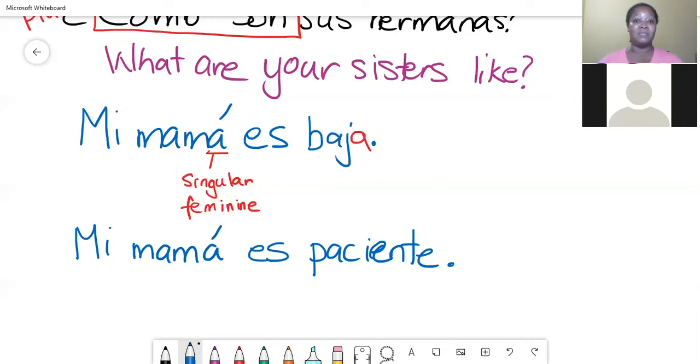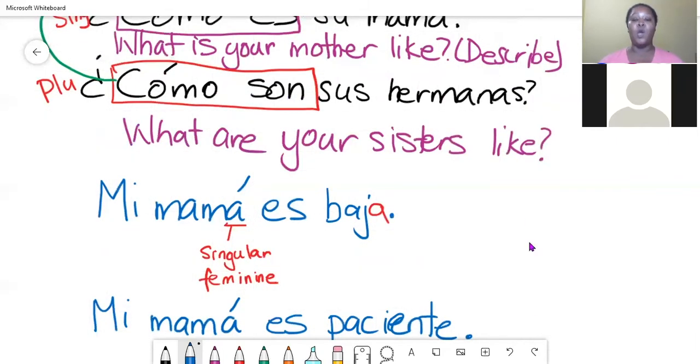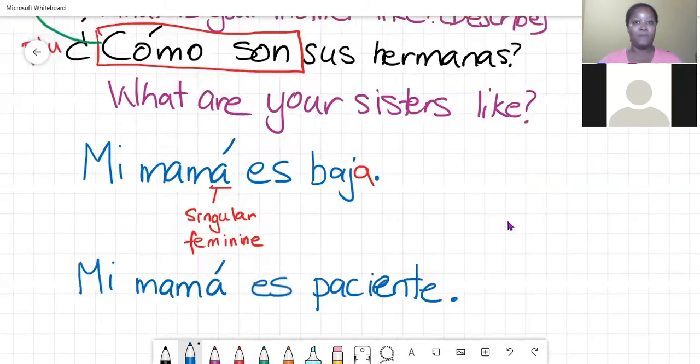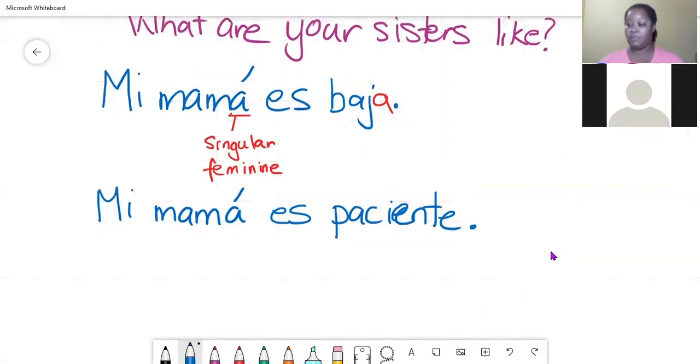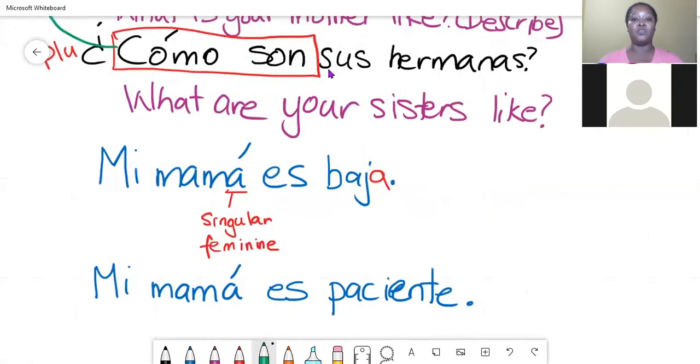I'm going to use these same adjectives to answer the second question that we have here, which is the plural form of asking for a description. And so to answer that question, I'm going to pick up a different color altogether so we can see the distinction. What are your sisters like? Now, in the question, it says sus hermanas.